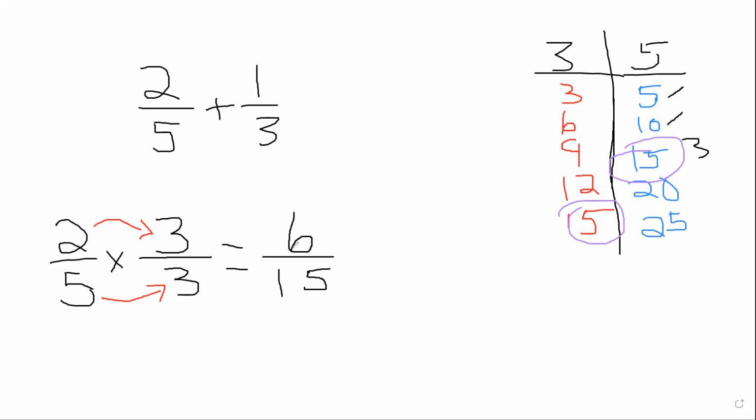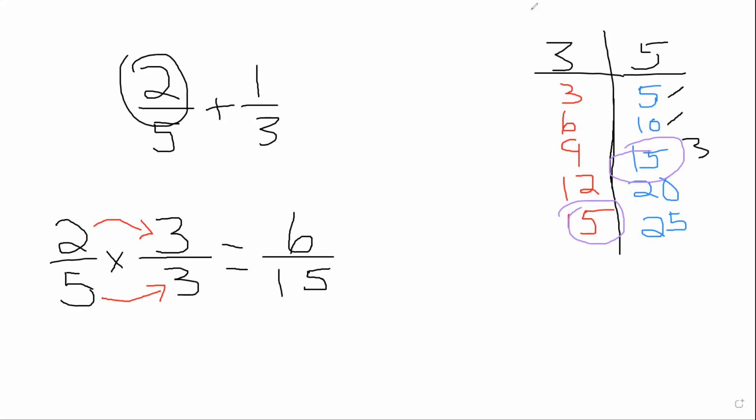So 6/15 is the same piece of the entire pizza pie as 2/5. We just cut each of those 2 slices into 3 slices each, so that now we have 6 total slices, but it's the same size pie. Same size. I hope that makes sense there.